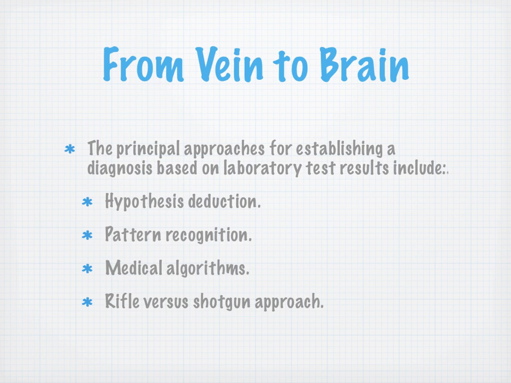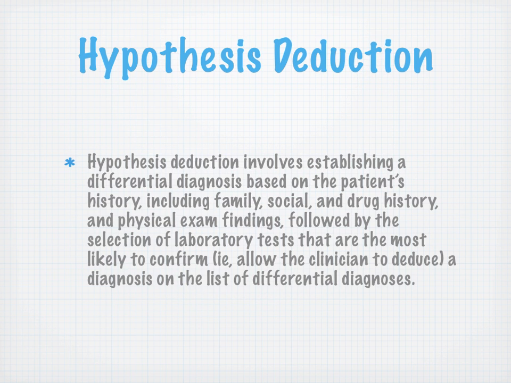Hypothesis deduction involves establishing a differential diagnosis based on everything: the patient's history, including family, social, and drug, and physical exam findings, followed by the selection of a lab test that's most likely to confirm a diagnosis on the list of differential diagnoses.